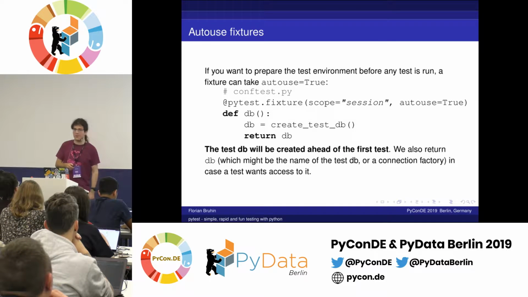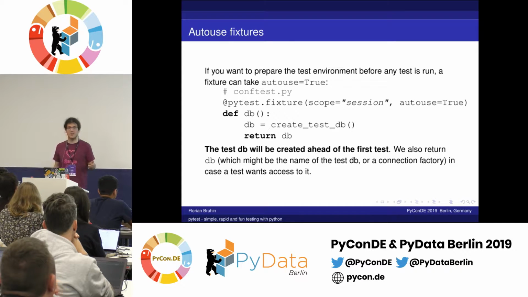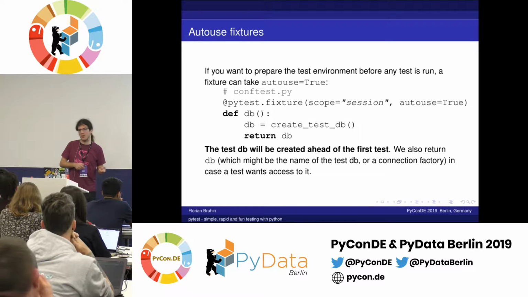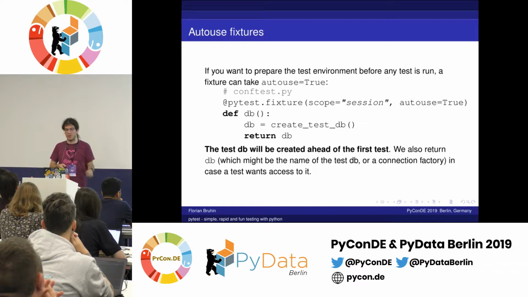Last thing about fixtures. Sometimes you need to just do some setup inside a fixture. Maybe create a database or patch some things away. And you maybe aren't even interested in the value. So you just use it to have a nice place to put setup code.